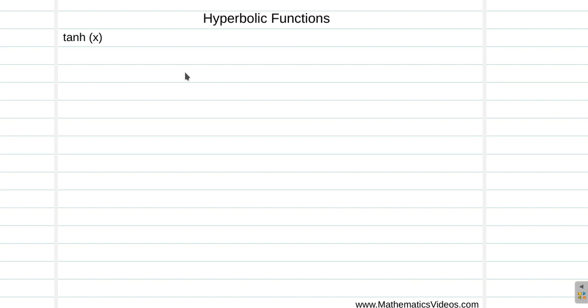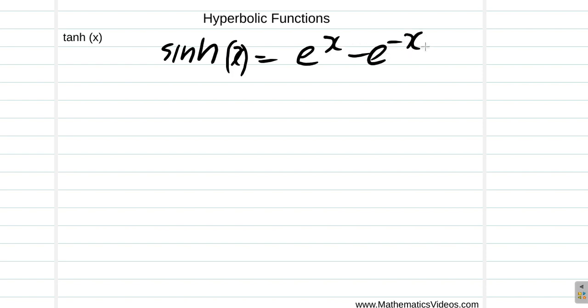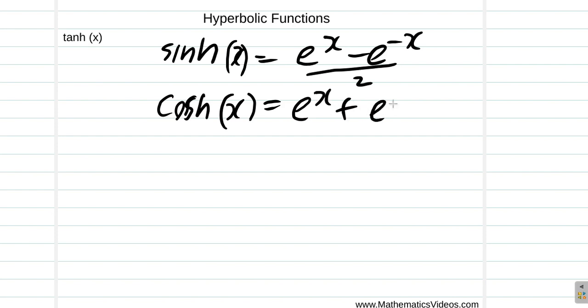Now we know that the hyperbolic sine of x is equal to e to the x minus e to the negative x over 2, and the hyperbolic cosine of x is equal to e to the x plus e to the negative x over 2.